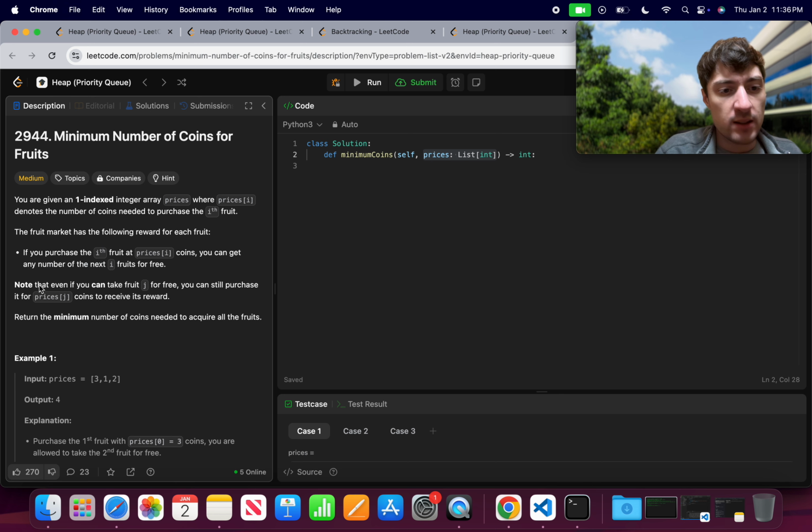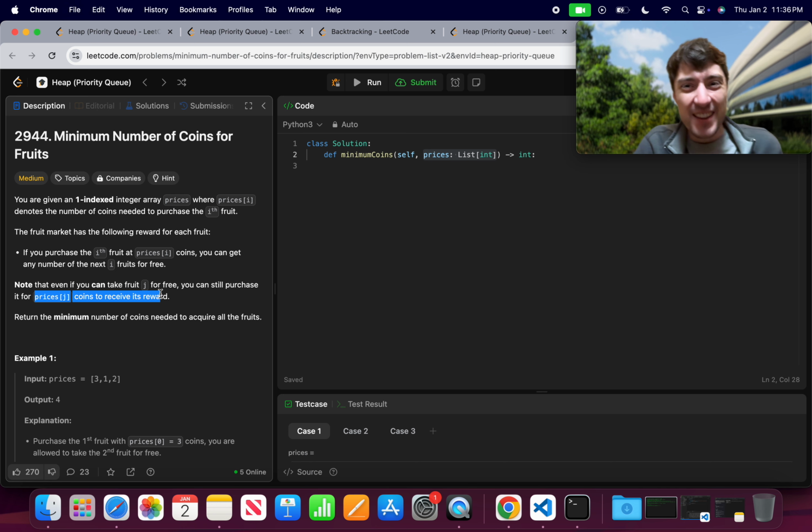Note that even if you can take fruit j for free, you still need to purchase it for prices of j coins to receive the reward. Wait, that's not free then. That's not free. It's free as long as you pay the price.